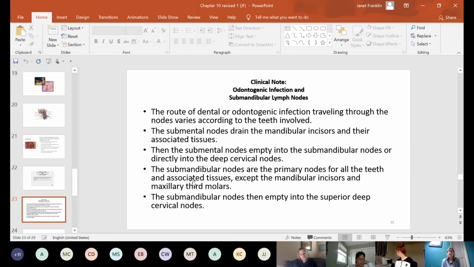Then the submental nodes empty into the submandibular nodes or directly into the deep cervical nodes. And the submandibular nodes are the primary nodes for all of the teeth and associated tissues except the mandibular incisors, which we addressed up here, and the maxillary third molars. Then the submandibular nodes empty into the superior deep cervical nodes. That's really basically the whole path you have to remember for lymph nodes.